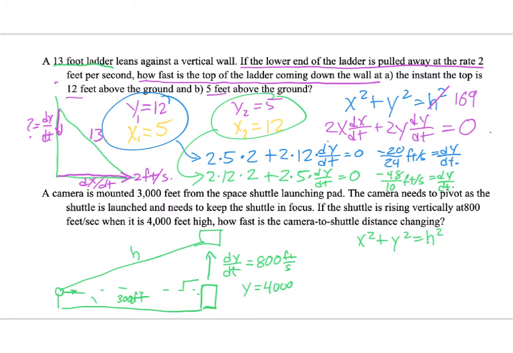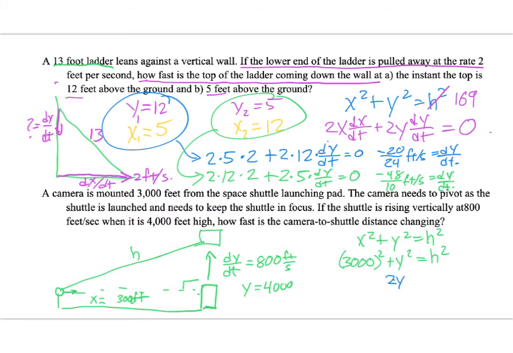In this case, the x distance is 3,000. That's not changing. I'm going to plug that in here, although I know I'm not going to actually need to do that out. My y distance is changing, and my h is changing as well. So I'm not going to plug those values in. Let's take some derivatives. Derivative of a constant is 0.